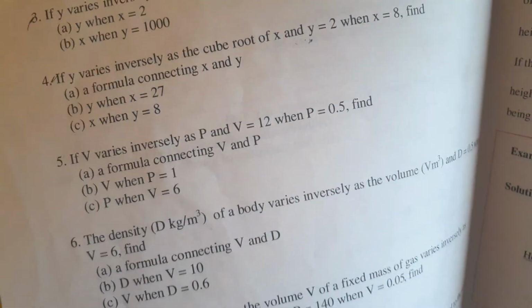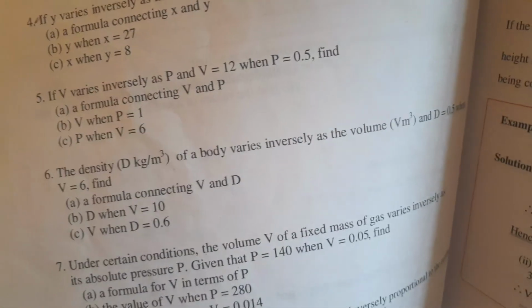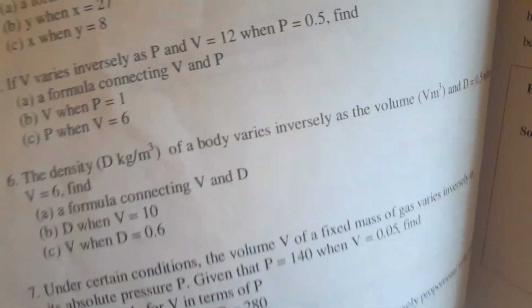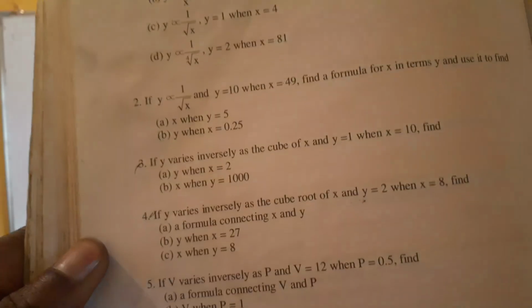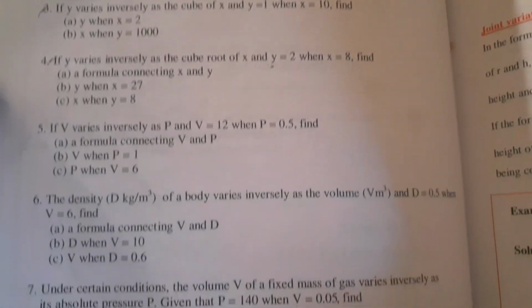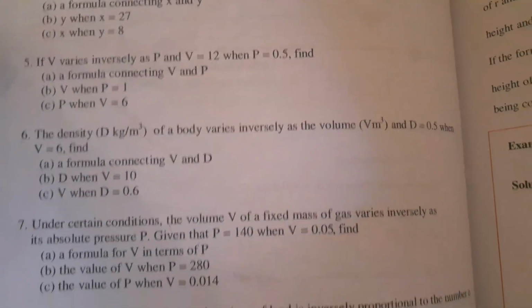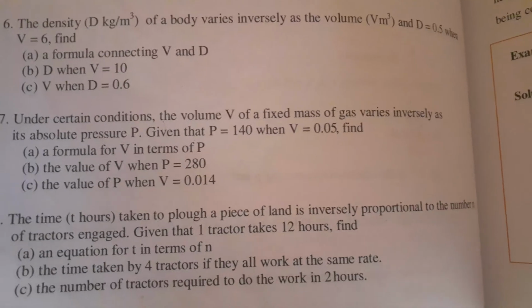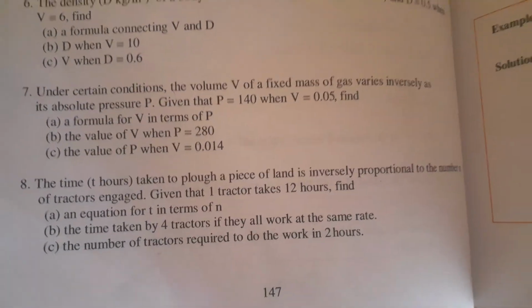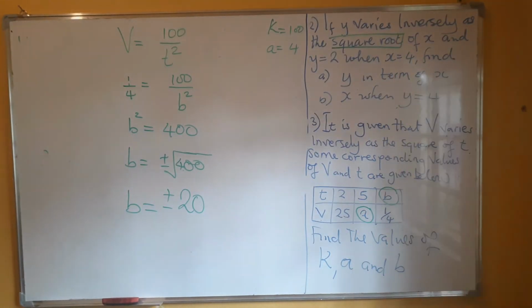You just need many for your practice. For those of you that are sending us the exercises, you can do question 2 up to 6 and send your solutions. These questions are just there for your practice. If you have this book, you can find them there.